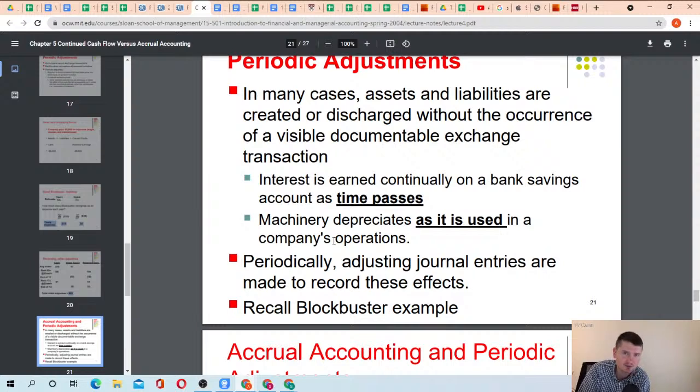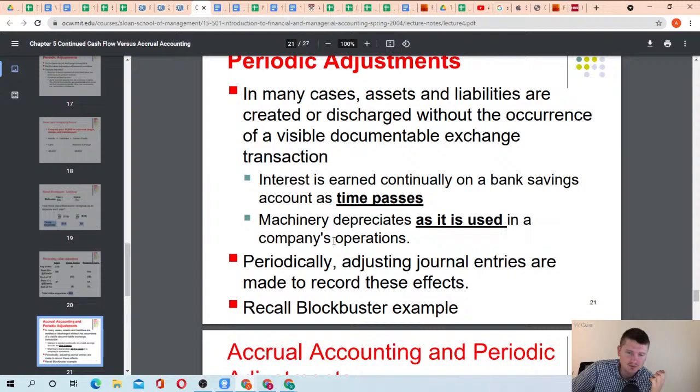So except for just recording invoices from vendors or cash receipts from customers or other types of transactions, or getting a mortgage or acquiring fixed assets, accountants must also remember that they have transactions which are happening by default without any events.